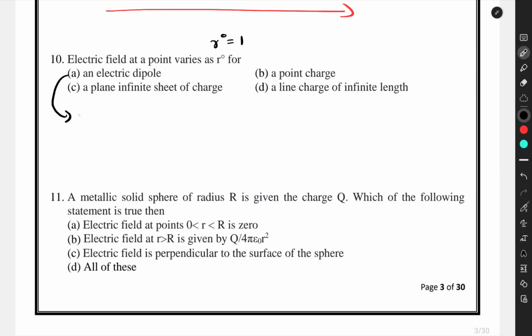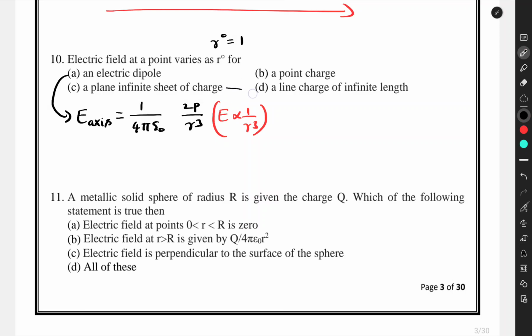For an electric dipole, the electric field along the axis is given by 1 by 4 pi epsilon naught into 2p by r cube, which means the electric field is inversely proportional to r cube. That is for the electric dipole.